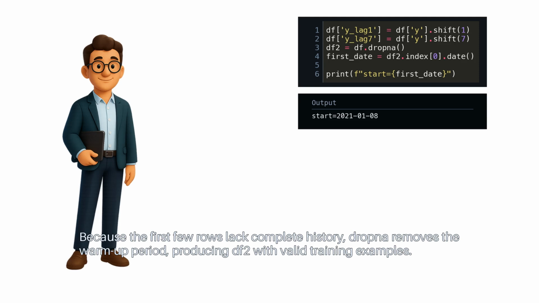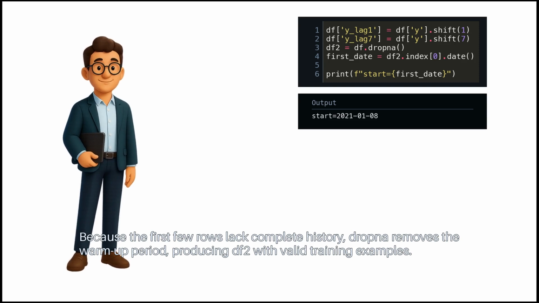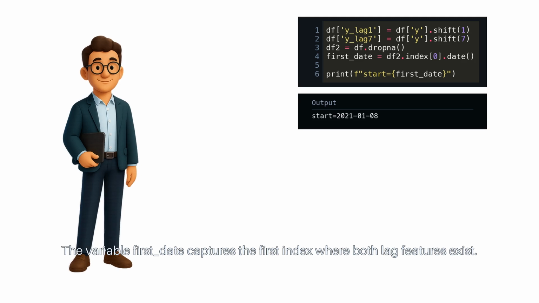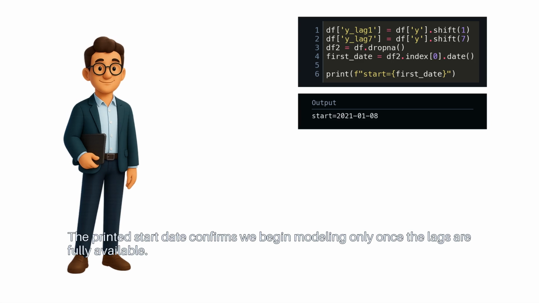Because the first few rows lack complete history, dropna removes the warm-up period, producing df2 with valid training examples. The variable firstDate captures the first index, where both lag features exist. The printed start date confirms we begin modeling only once the lags are fully available.